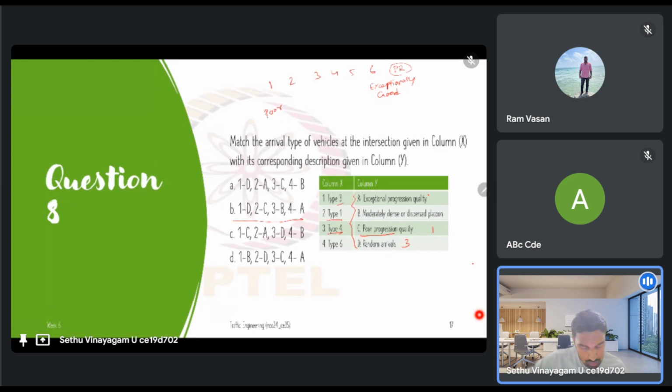Type 4 is better than random arrivals, and is moderately dense or dispersed platoon, which means groups of vehicles are able to go through quickly. And finally, we have type 6, which is the best of the lot, the exceptional progression quality. So it goes from poor to good. That's how the arrival types are defined. So you have to match it in the right order, and that particular order is given in option B.